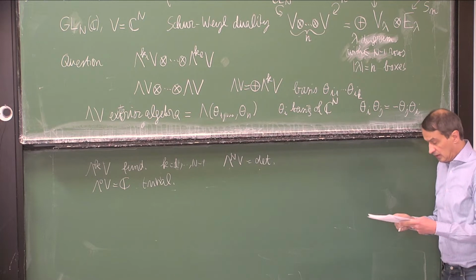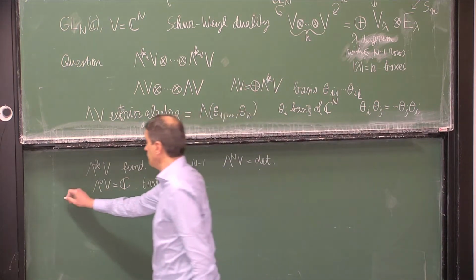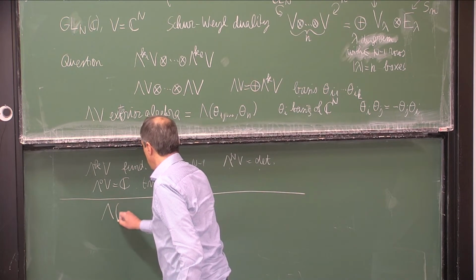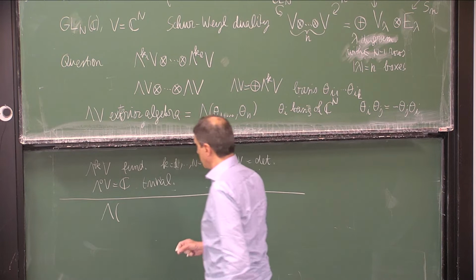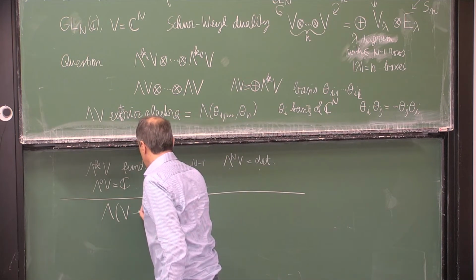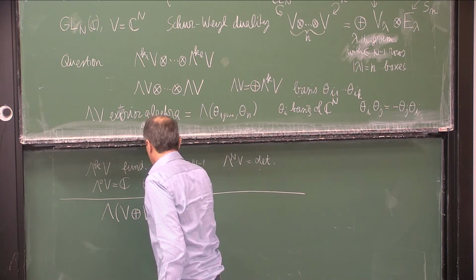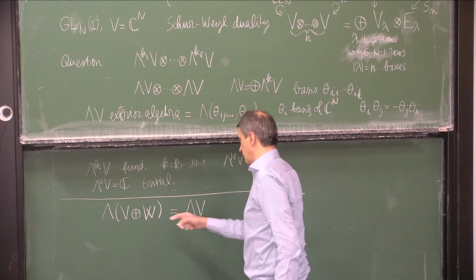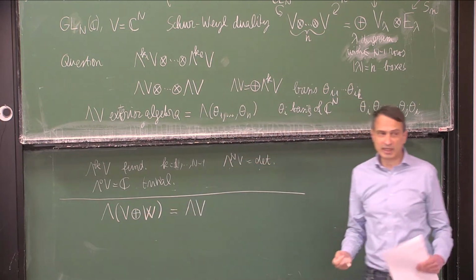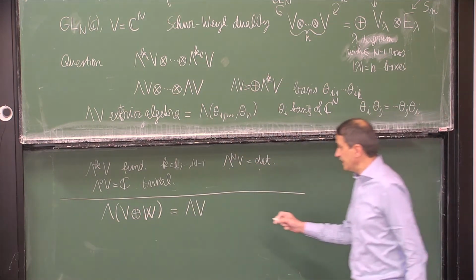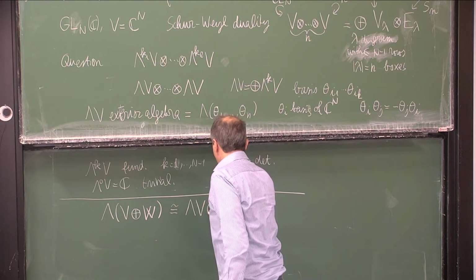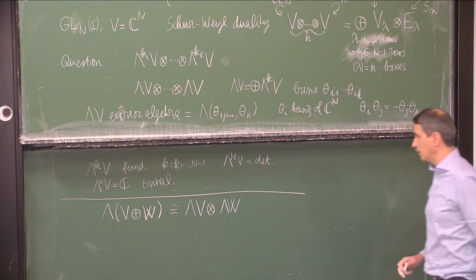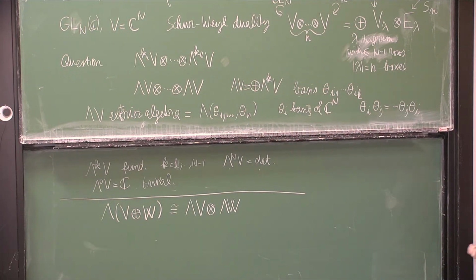Right, now the observation, a very simple observation of Howe. Before that, you have this simple rule that if you have two vector spaces, then the exterior algebra of the direct sum of the vector spaces is isomorphic to the tensor product of these skew commutative algebras.